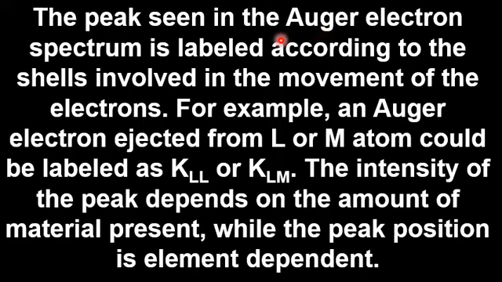So due to the transitions of electrons in various shells, the spectrum is labeled, and on the basis of energy of the labeled spectrum of different elements, you can determine the type of the element, and similarly on the basis of intensity you can determine the composition of the material present.